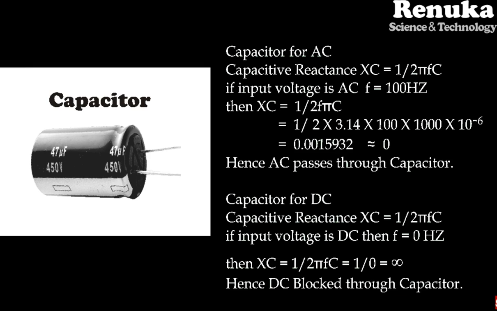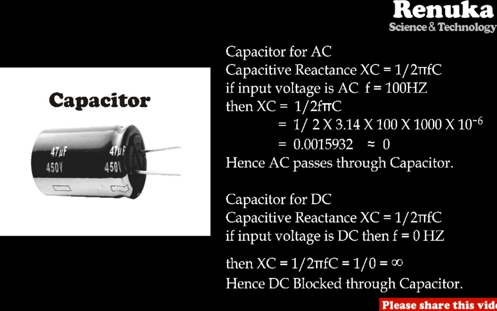That is why when DC current is applied to a capacitor, the capacitor will block that DC current. So for AC voltage the opposition is 0, and for DC the opposition is infinity. So a capacitor passes AC and blocks DC.